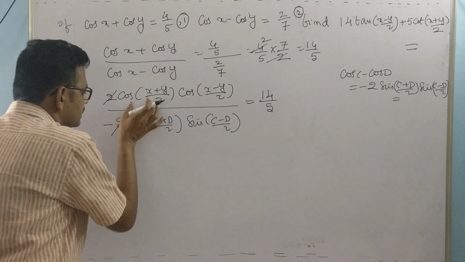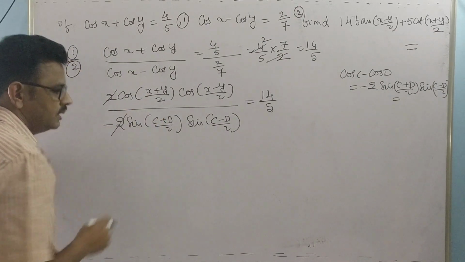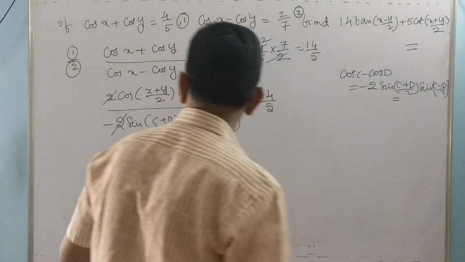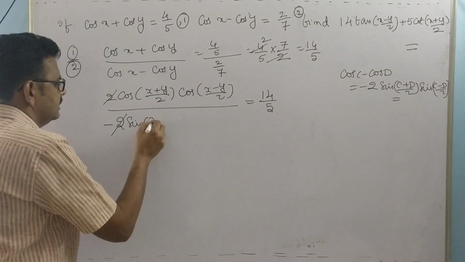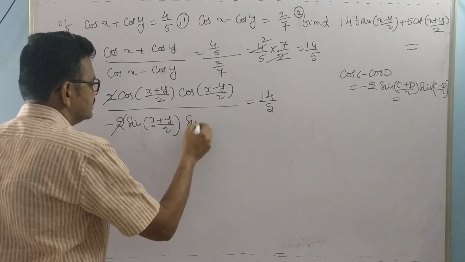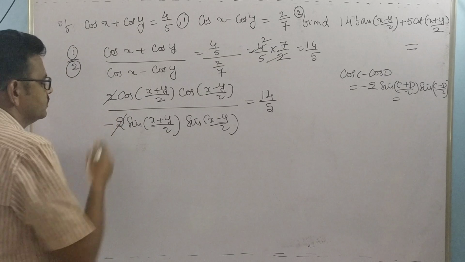Cos by sin, so here we get minus 2 sin (x plus y) by 2 into sin of (x minus y) by 2, not AB. So 2 gets cancelled.